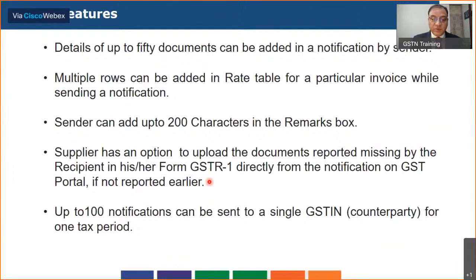Using the details from the notification itself, the supplier can upload these details in his GSTR1. The only condition is that if this has been reported earlier in the GSTR1 by the supplier, the portal will do a validation and will not take this data. Otherwise, it will get populated in the GSTR1 of the supplier.